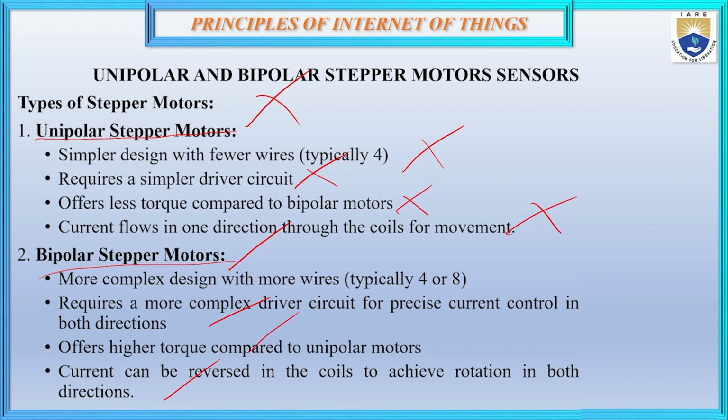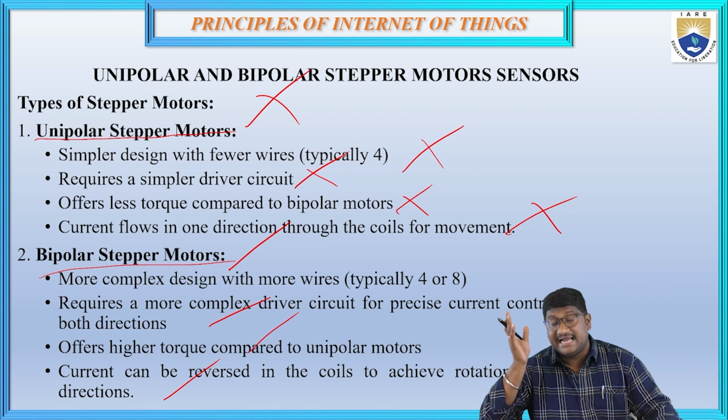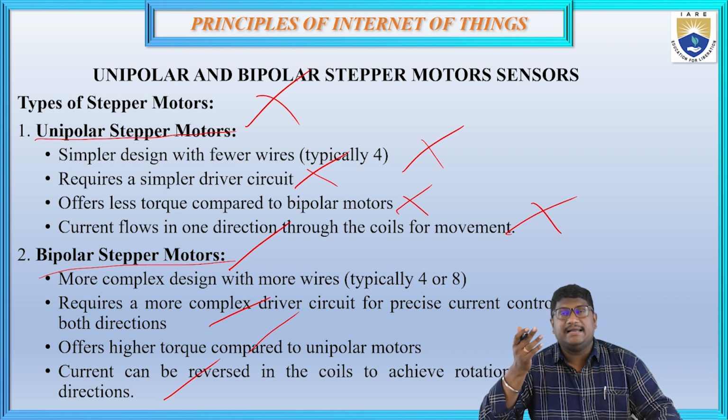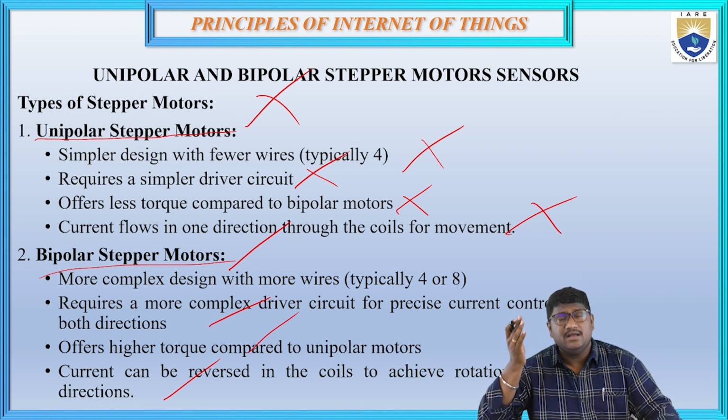The next thing is, we require a more complex driver circuit in bipolar, whereas in unipolar I am using a simpler design. And also here, by using full winding, I am getting high torque power when compared to unipolar, where I only use half winding, so I get less torque. Here I am using full winding, so I am getting full power.